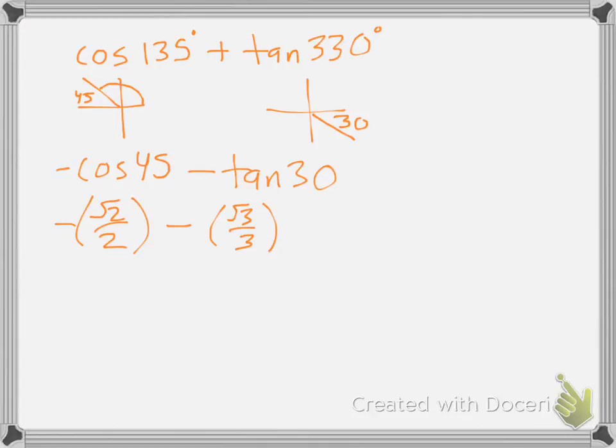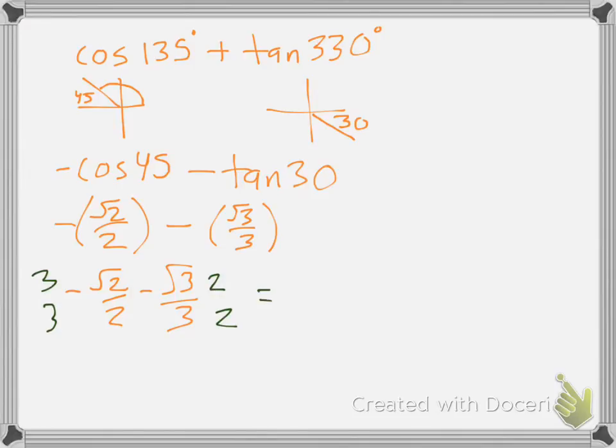And now we just need to evaluate. That makes this a negative square root of 2 over 2 minus the square root of 3 over 3. They don't have common denominators, so we make a common denominator by multiplying the top and bottom by 3 and 3 on this one, and 2 and 2 here.